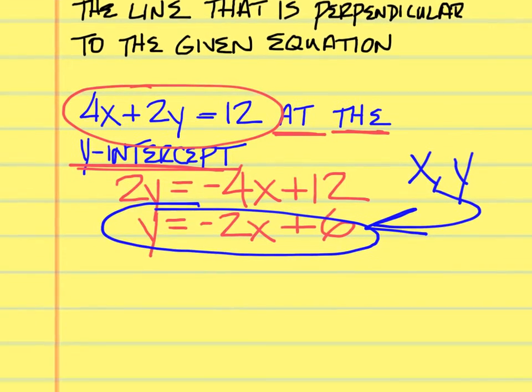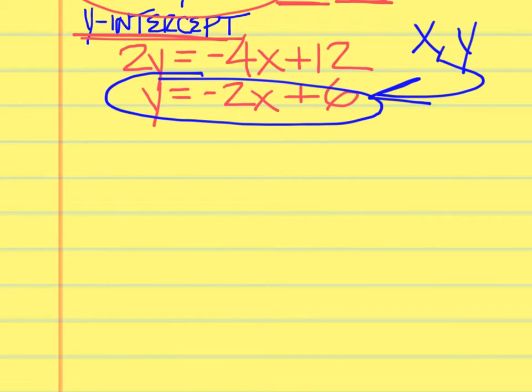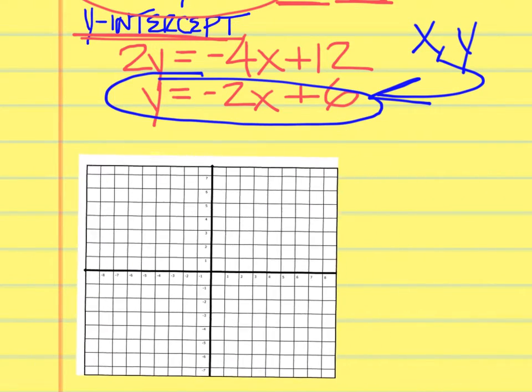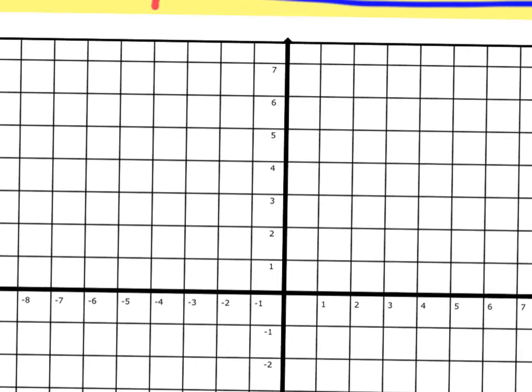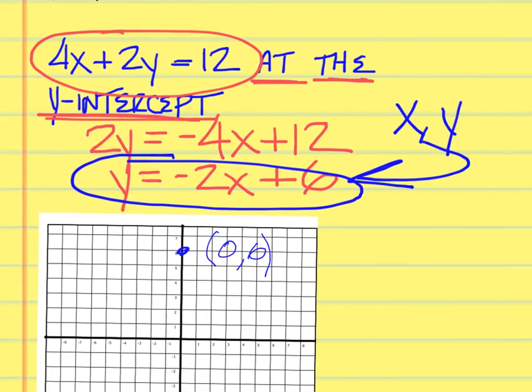Okay, we'll look at it. Here's a graph. We'll put it on the screen. Now the y-intercept was 6. So where do I put a dot? 6 where? On the y-axis. Okay, there's my dot. What is that point? I mean the two numbers that create that point. 0, 6 is right. So that's the point that you have to go through with this one.